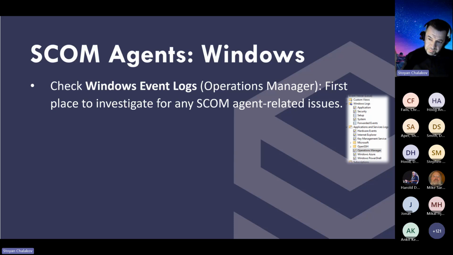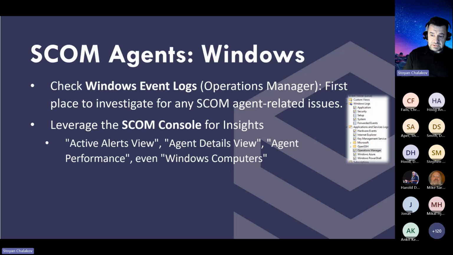The Windows event logs are really a key place where you will find very important troubleshooting information. Although the Windows agents are not that chatty as the rest of the roles, specifically the management server role, you certainly will find there very interesting information regarding your issue.